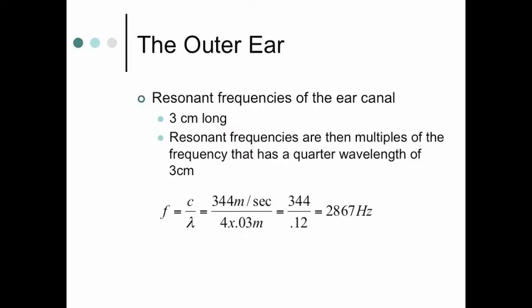Everybody thinks, oh, I hear all frequencies equally and I have really good hearing because I can hear all sorts of stuff really well. But there are certain frequencies that actually get amplified in the mechanism of our hearing. 2.8 kilohertz is the magic frequency that gets amplified just because of the physical geometry of our ears.